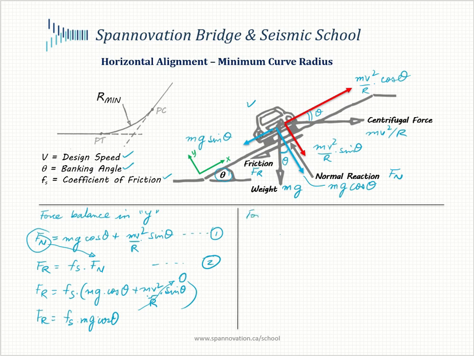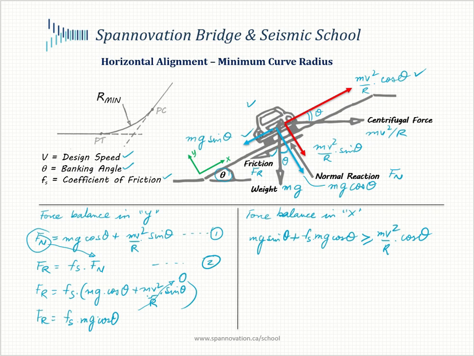Okay, now we'll do the force balance in the x direction. The resisting side would be the weight of the vehicle, mg sine theta, plus the friction force Fr, which would be Fs times mg cos theta, and that should be greater than or equal to the force that's trying to slide the vehicle, or the component coming from the centrifugal force.